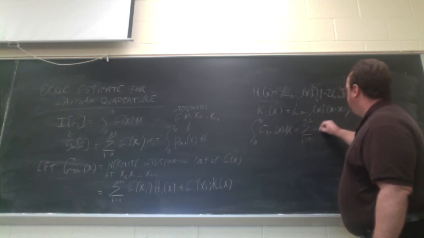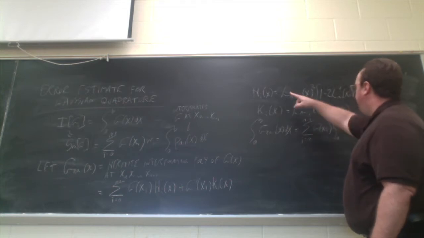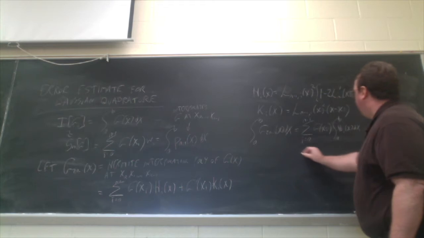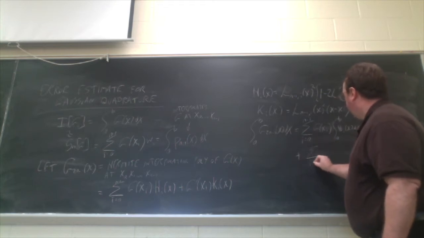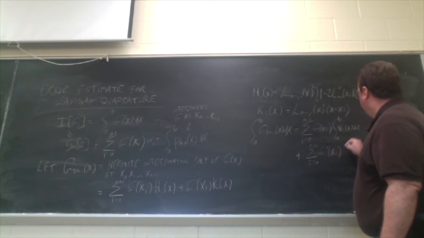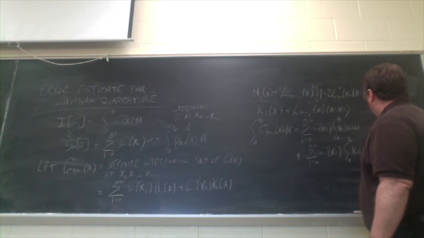We'll have g of x_i times the integral of h_i plus g prime of x_i times the integral of k_i. Okay.